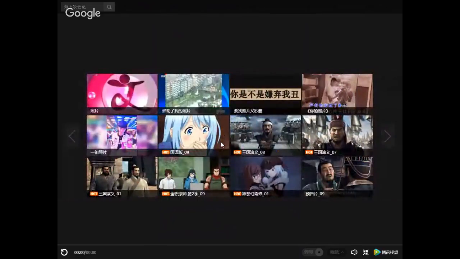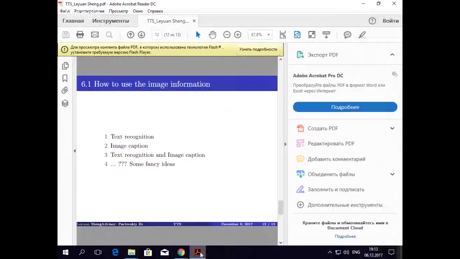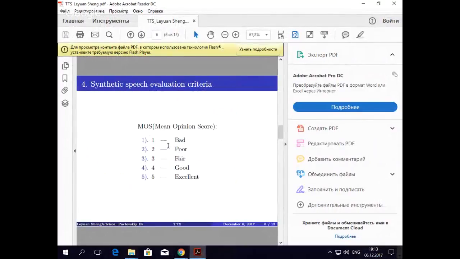If there are some evaluations. Yes. Here we can check them. I mean, if there are some ready evaluations for which one is better in real situations, some statistics.